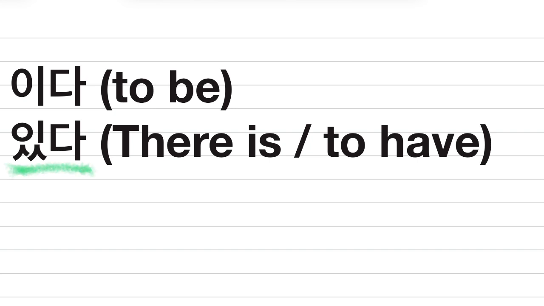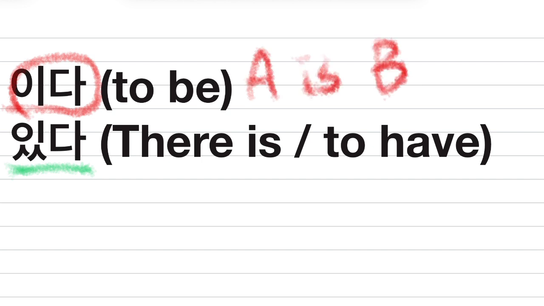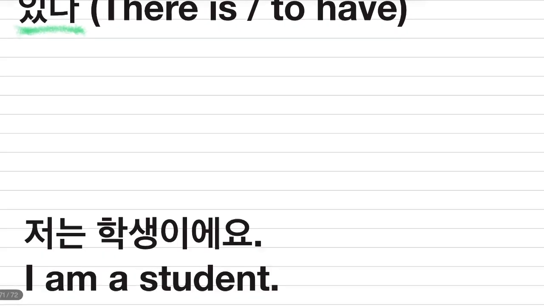It's like there is, to have. It shows existence and possession. So please use 이다 when you talk about what something is, like A is B, A are B. Something like that.